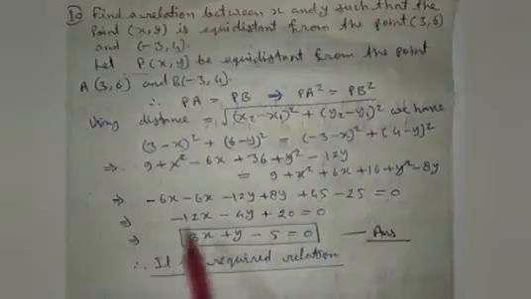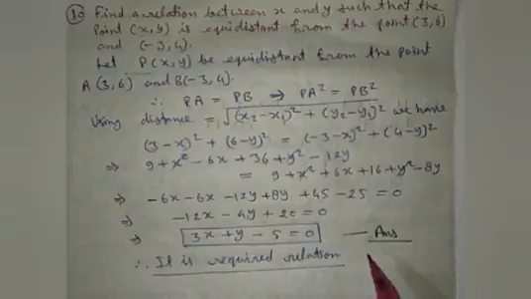So it is equal to 0. Now it is equal to minus 12x, here minus 4y plus here 20, that is equal to 0. Now dividing the whole equation by minus 4, we have here 3x plus y minus 5 equal to 0. So it is the required relation between x and y.